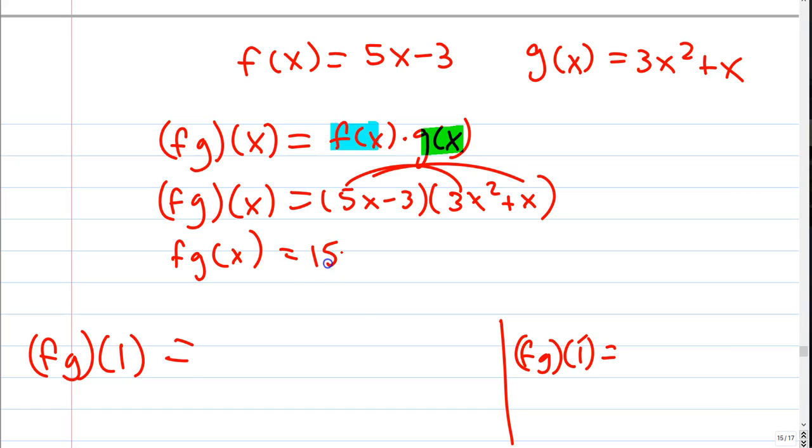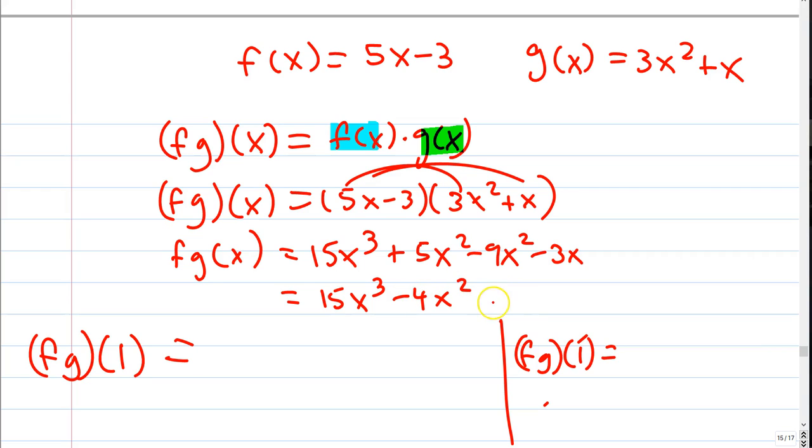So 15x to the third, 5x squared, minus 9x squared, minus 3x. 15x to the third, minus 4x squared, minus 3x. That is fg of x.